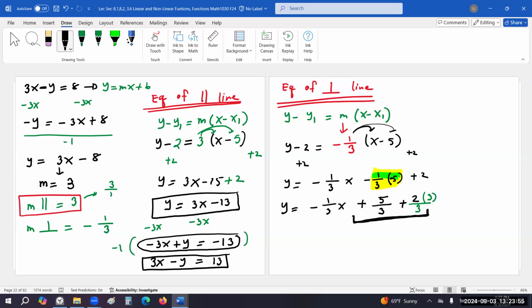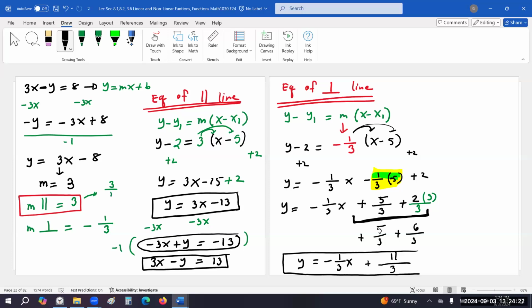So yeah, positive 5 over 3. If I combine now, we have positive 5 over 3 and positive 6 over 3. How much do we get? 5 plus 6 gives us 11. Negative 1/3 of x.